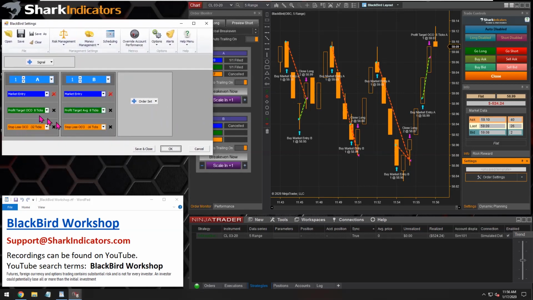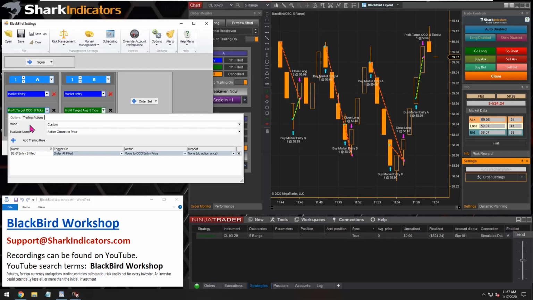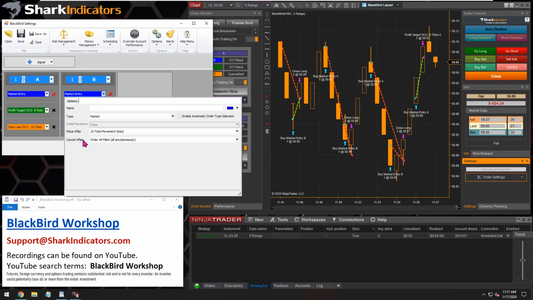Let me open up profit target A here so we can see that really the trailing actions for A are kind of the key to this question. And of course, for the entry order B, we are using the place after and the cancel options here as well.